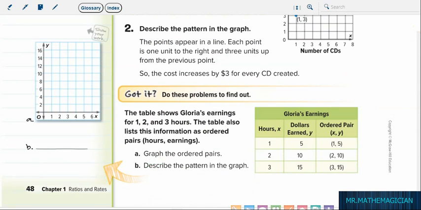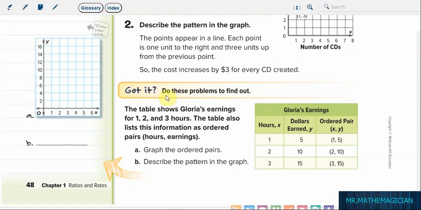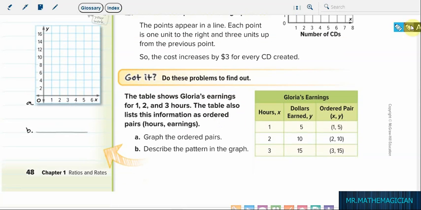Now, if you got it, let's solve this one. The table shows Gloria's earnings for 1, 2, and 3 hours. The table also lists this information as ordered pairs, hours, then earnings.